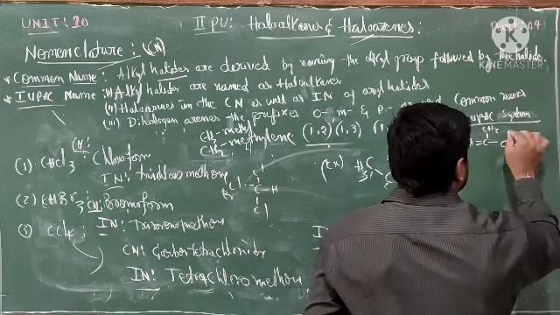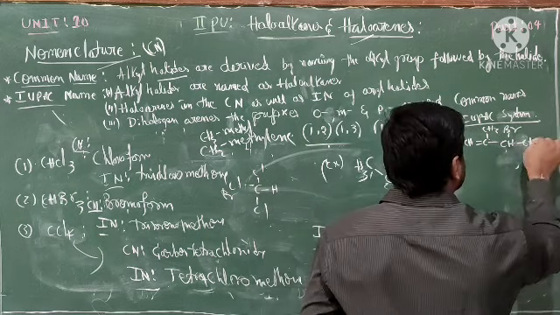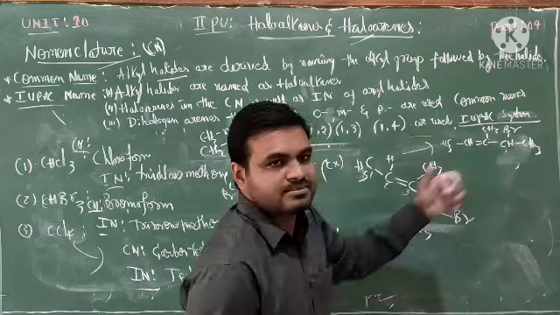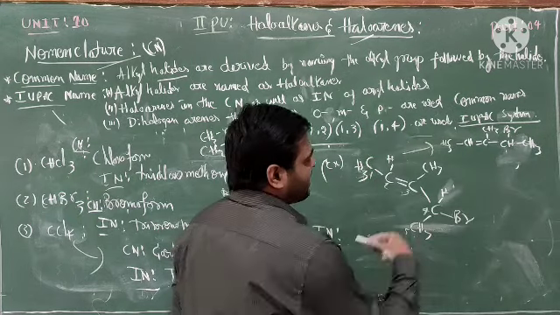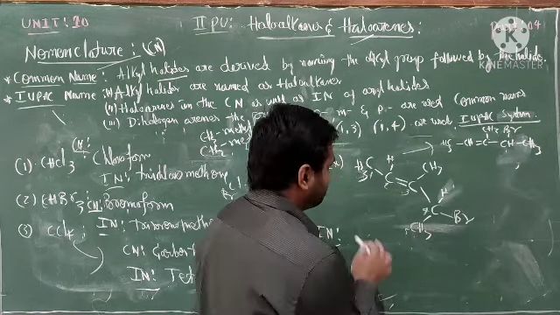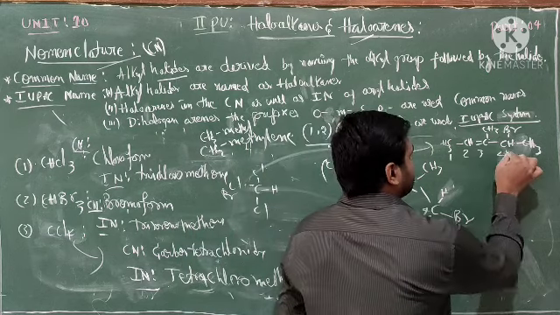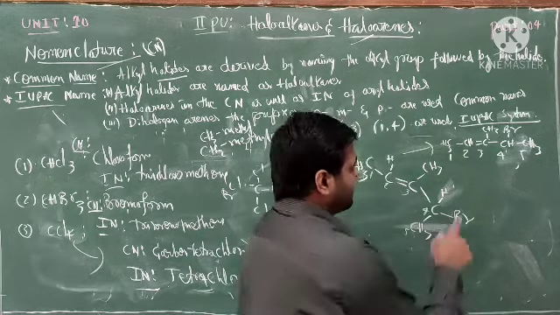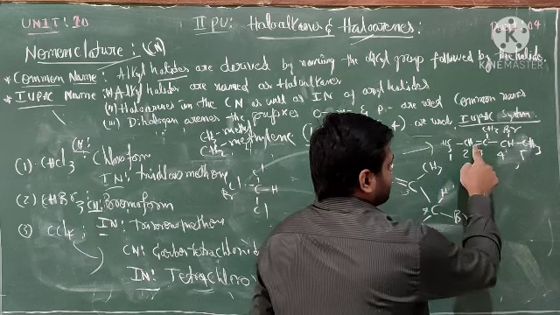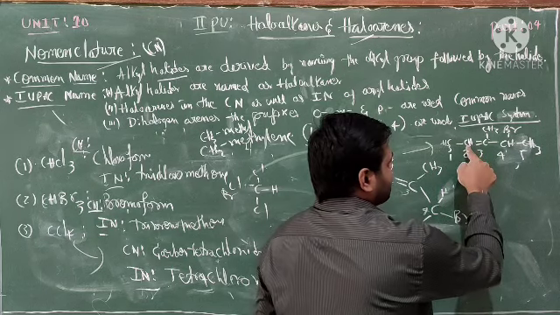So the longest chain, how do you number it? 1, 2, 3, 4, 5. The carbon double bond is present at 2.